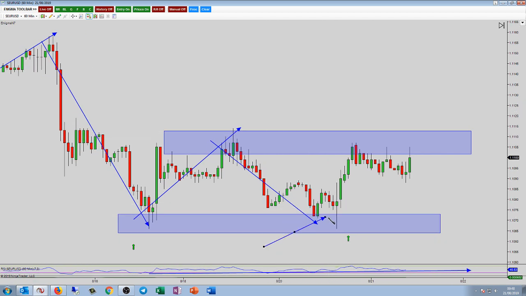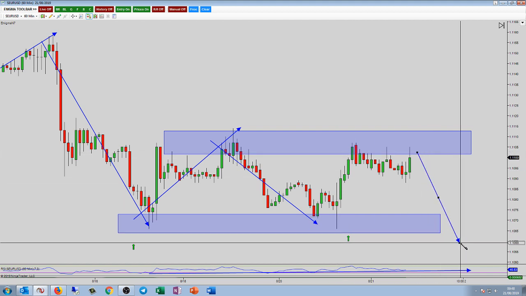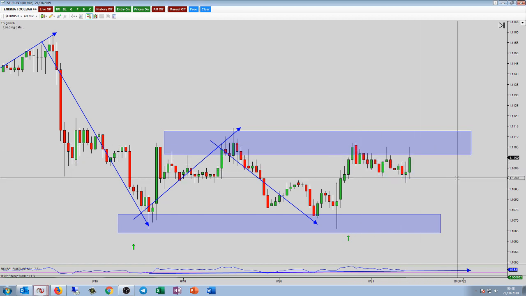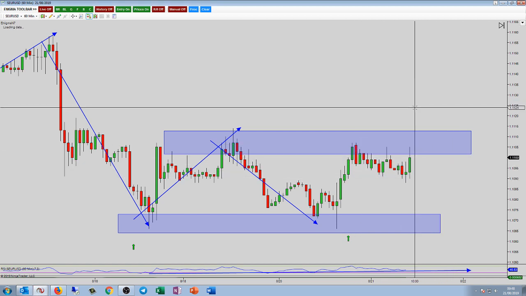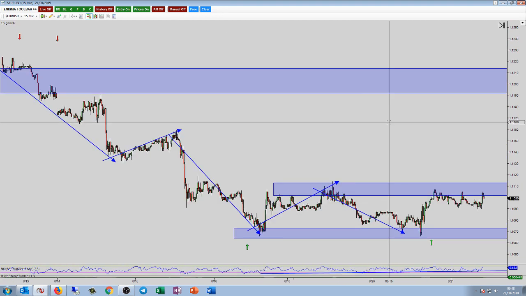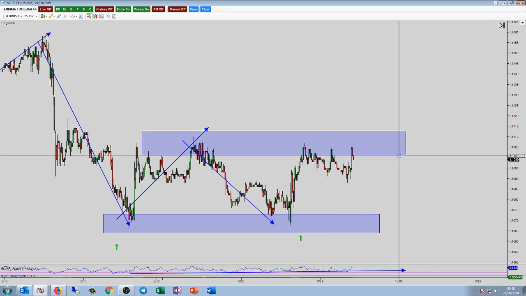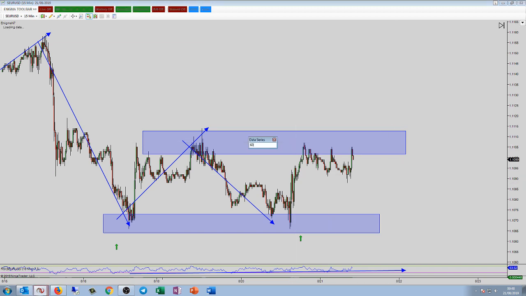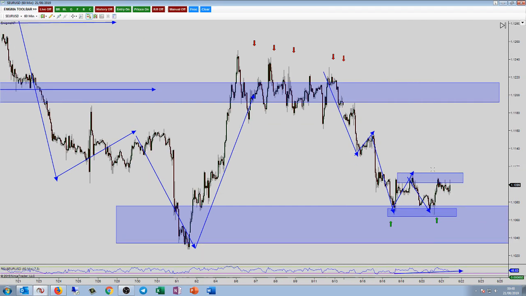Like Stuart says, you've just double bottomed, so I wouldn't be looking for playing for a continuation. And then really this is just sideways movement up here. Let's go and take a look at the 15. Again, just junk for me. Nothing here, just waiting for price to move and to break out. My overall bias here is still short.